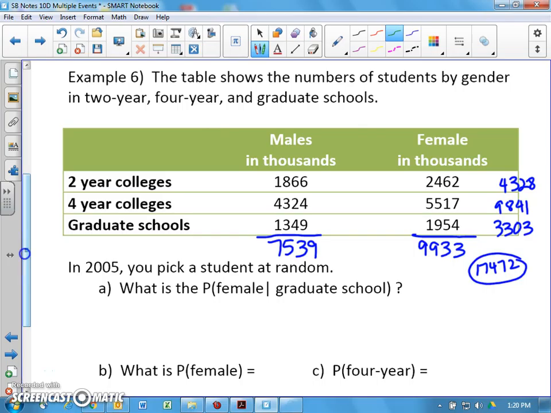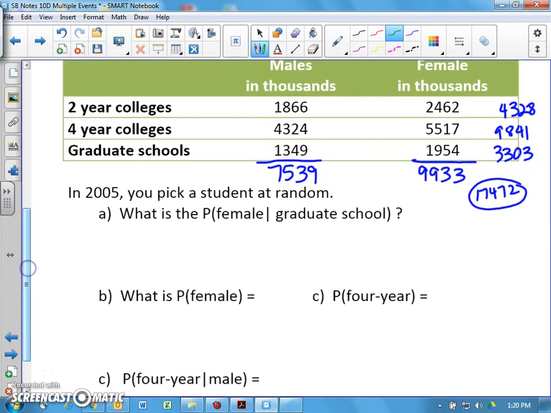So let's look at these probabilities based on these numbers. The first one asks us for the probability that a student is female, given that she is in graduate school. This line right here is read, given that. So we would say the probability a student is female, given that she's in graduate school.